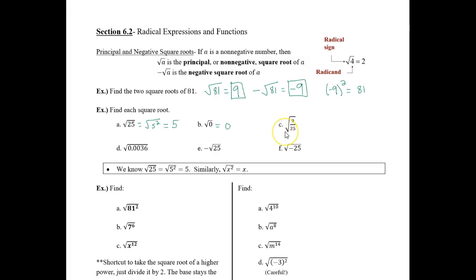So, part C, I'm taking the square root of a fraction. So square roots of fractions, you can take the square root of the numerator and denominator separately. In this case, I could rewrite this as the square root of 9 being divided by the square root of 25. So essentially, I'm taking the square root of everything underneath that radical sign. So the square root of 9 is 3, because 3 times 3 would give me 9.